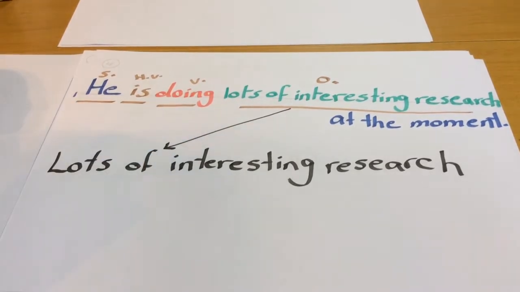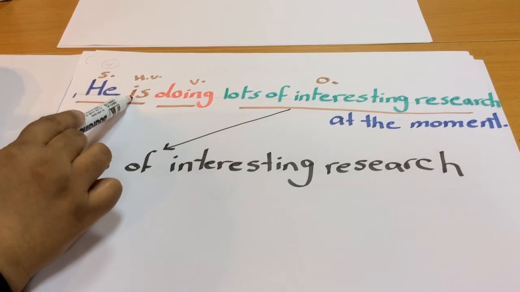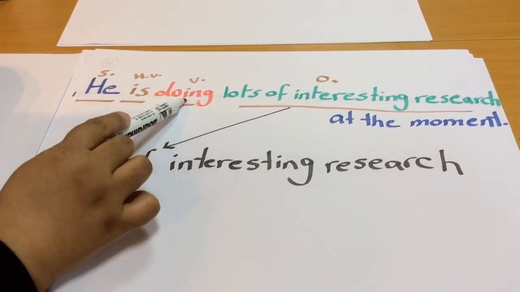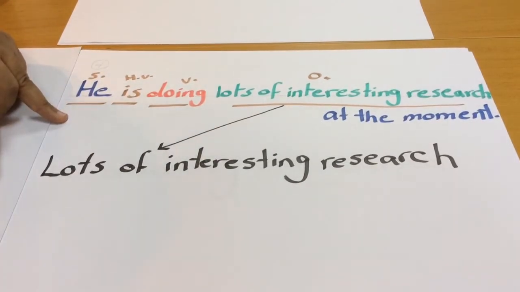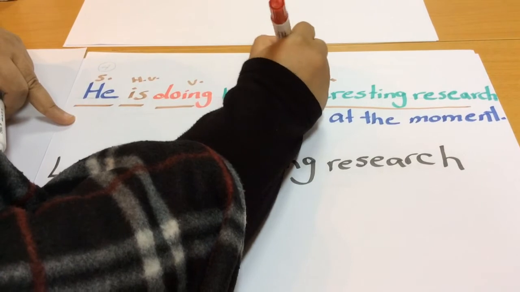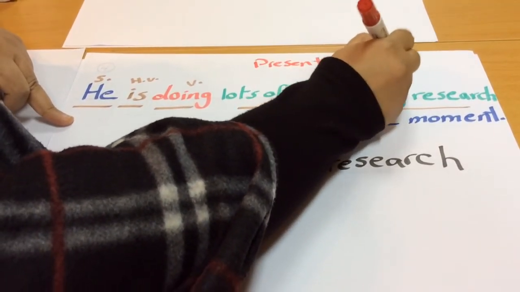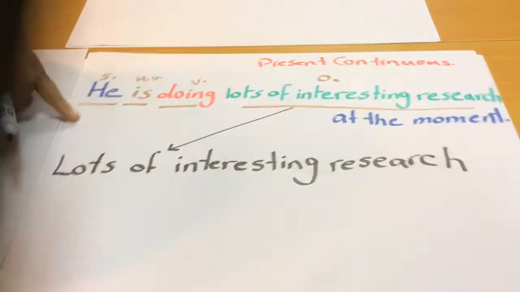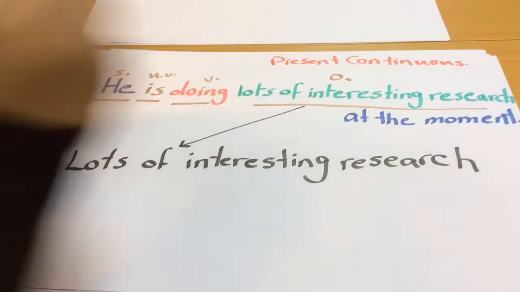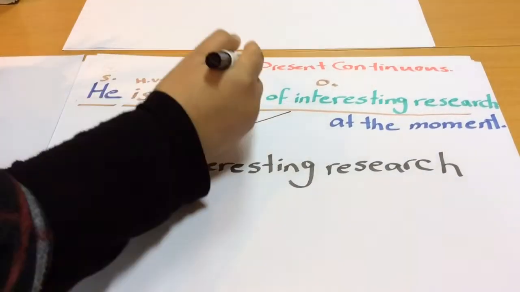He is doing. Which tense are we talking about? We are talking about present. What kind of present? Continuous. So number 4, we are talking about present continuous. What kind of helping verb do we need with the present?